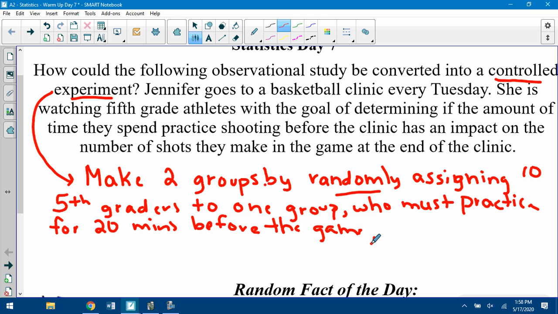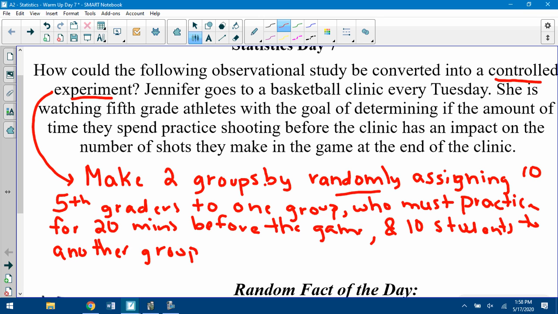And the other group who must not practice. So, 10 students to another group who does no practice. Compare the number of shots each group makes in the game.